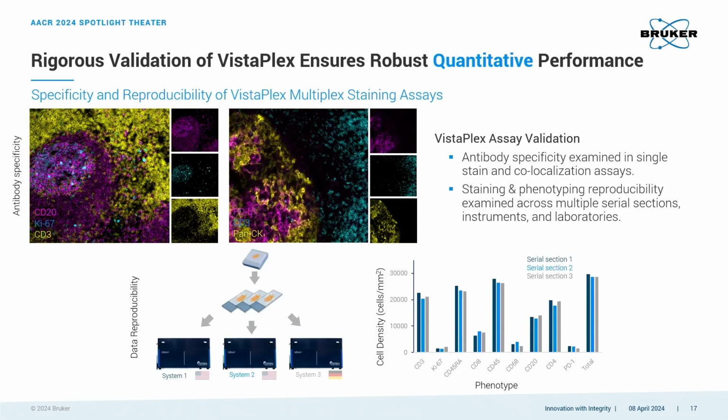So in our particular experiment, there will be 3 different instruments, 3 operators in 2 geographical locations, the United States and Germany repeatedly. And what it shows you on the graph on the right side is how many cells did the operator find on a system in serial sections. And essentially, it's just a number of cells per staining type, per morphotype, or phenotype.